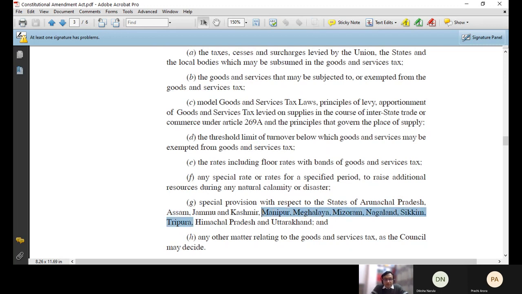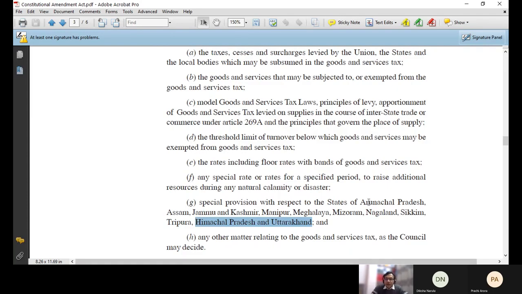So these eight northeastern states plus three North Indian states in the hilly region, you can say J&K, Himachal, and Uttarakhand. These are special category states for the purpose of GST. Not 8, 8 plus 3, total 11. But for the purpose of registration, 7 are excluded.